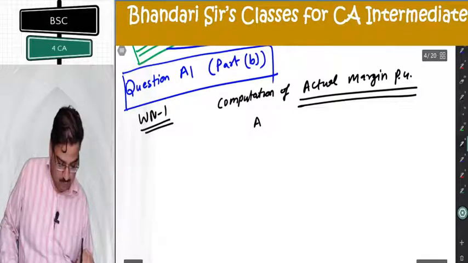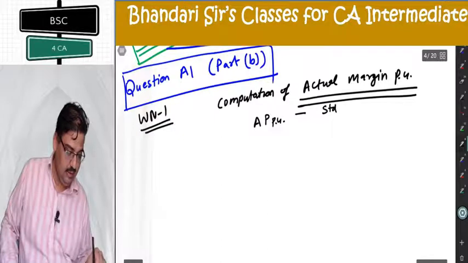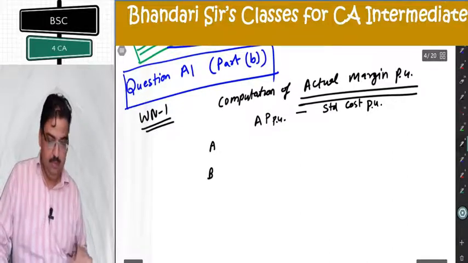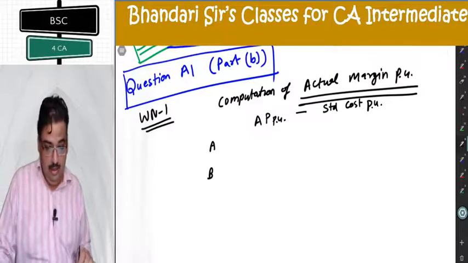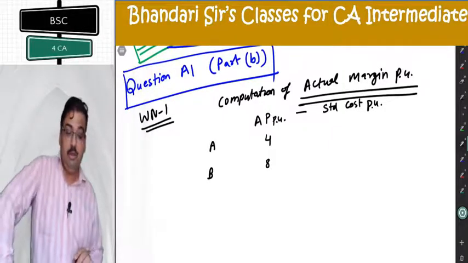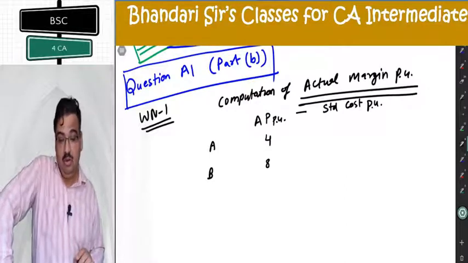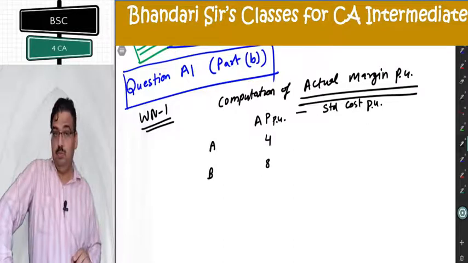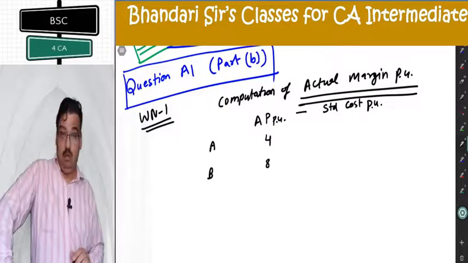This is actual price per unit minus standard cost per unit for product A and B. For product A, actual selling price 4. For product B, actual selling price 8. Budgeted costs per unit are given. Actual costs are given not for this purpose. They are given to confuse you. You are not going to use actual cost at all.